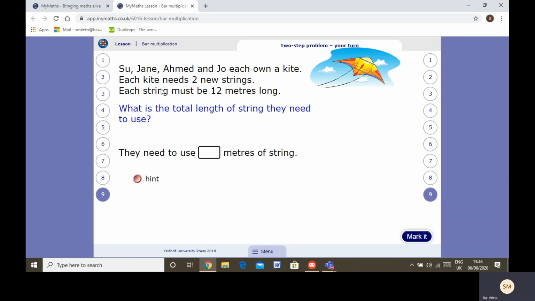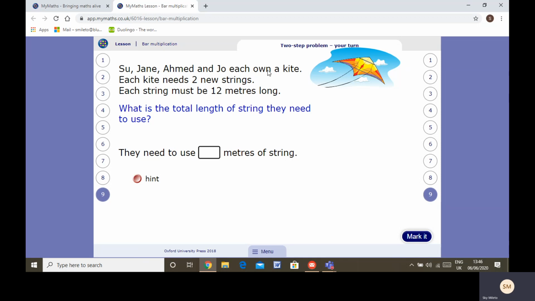Okay, final question. Sue, Jane, Ahmed and Joe each own a kite. So we've got 4 children and therefore 4 kites. Each kite needs 2 new strings. Each string must be 12 meters long. What is the total length of string they need to use? So first we need to work out how many strings we need, and then we need to work out how many meters that is.